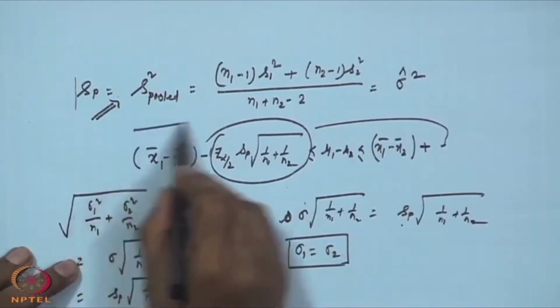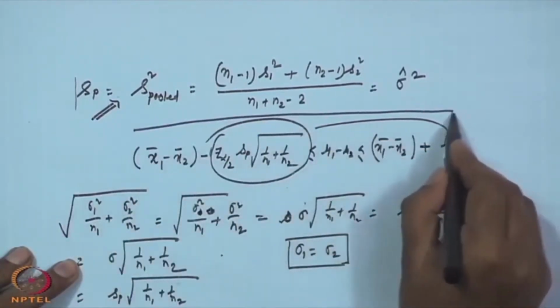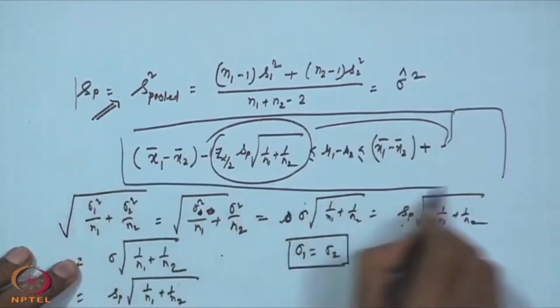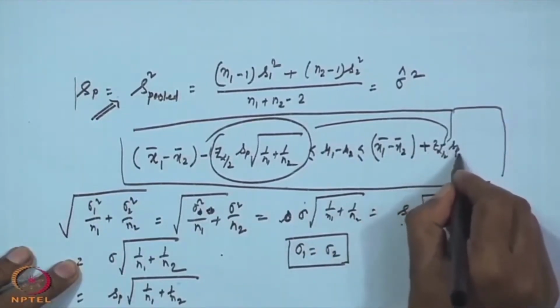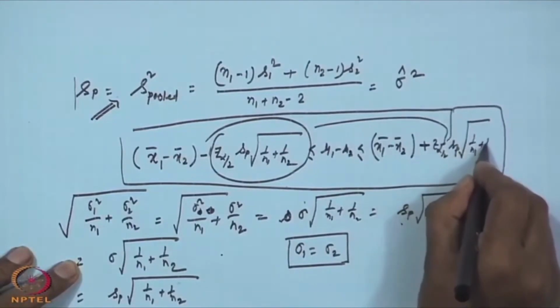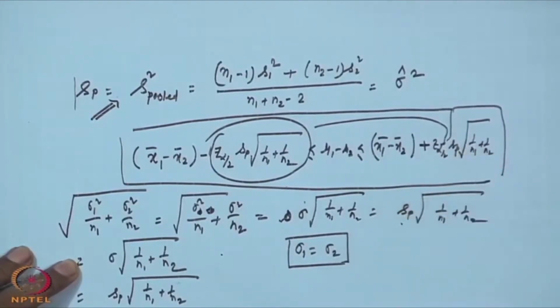So, this is the equation. You find that most of the time this equation is used: Z alpha by 2 S p square root of 1 by n1 plus 1 by n2. And it is also customary that we go for equal sample size, so n1 equal to n2 equal to n.